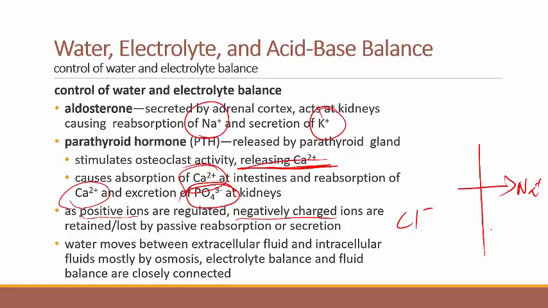Then as electrolytes are moving between extracellular and intracellular fluids by osmosis, we also draw fluids. So fluid balance and electrolyte balance are very closely connected because of the power of electrolytes to influence osmosis of water.